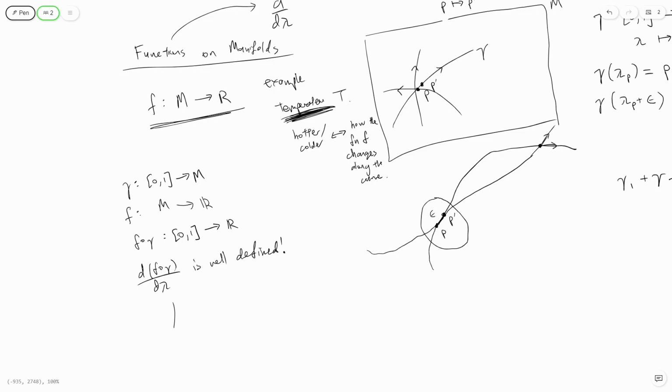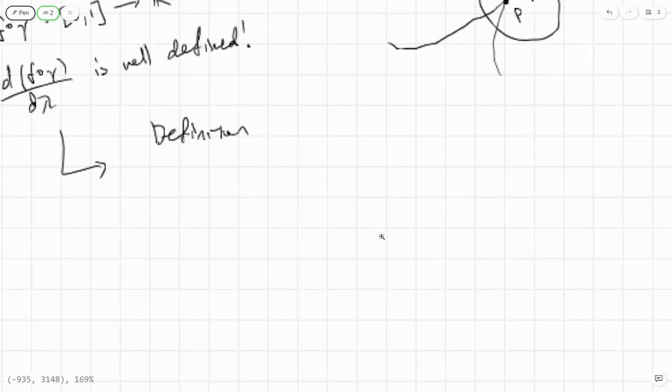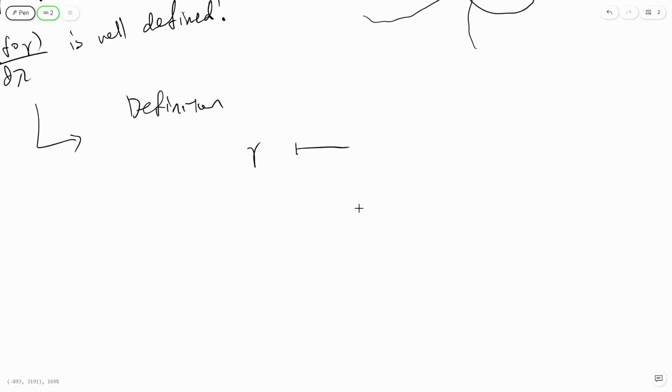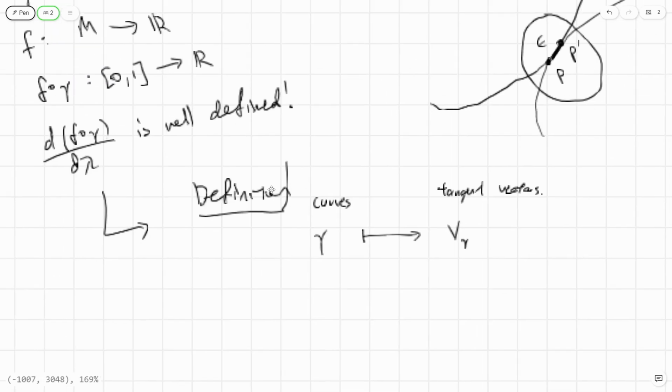So this actually lets us start with a definition. Given a curve gamma, we want to define a vector v of gamma. At this moment, it can be a many-to-one map. We'll talk about that later in equivalence classes. But for now, if we have this machinery that eats in curves and spits out vectors, how do we define these vectors? We see that they act on functions f.